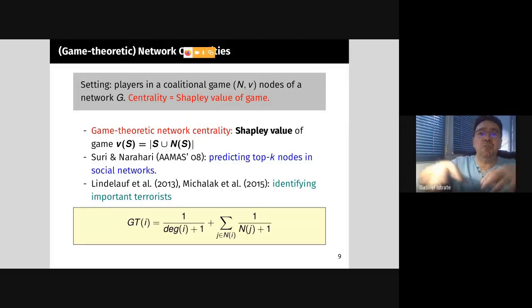So he sends this amount of 1 equally to the neighbors, but also receives this amount from the neighbors. And what he gets at the end is the game theoretic centrality of this node. So that's a game theoretic measure of centrality. And this is a formula for the one before.